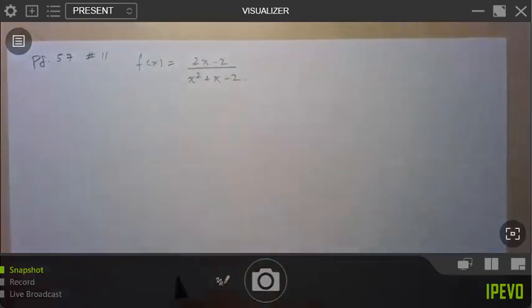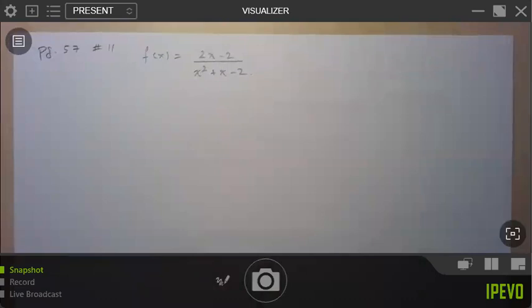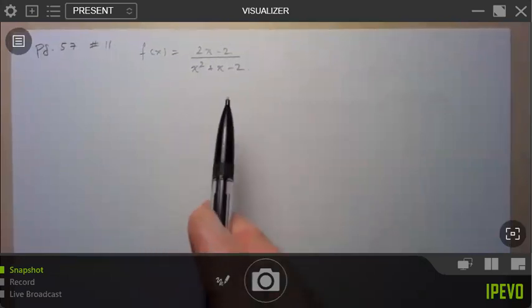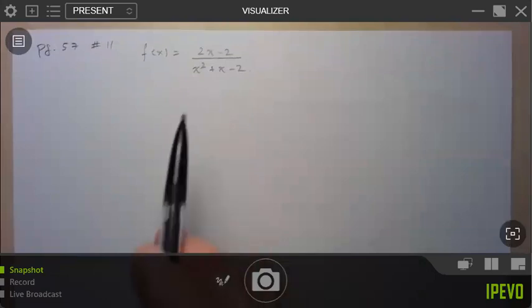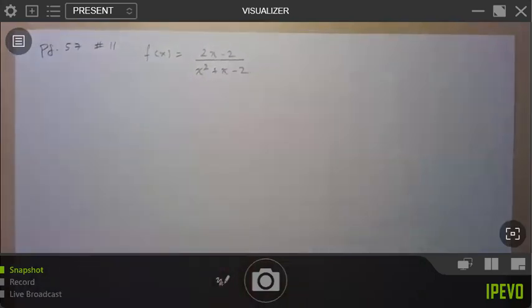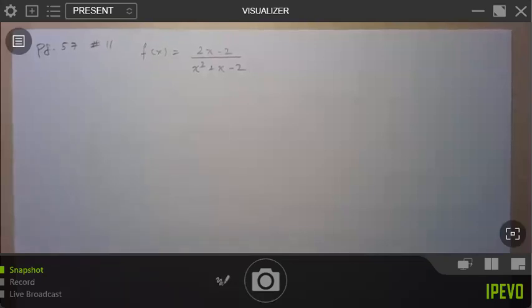Okay. And this is a rational function. Now, based on what we know of rational functions, and we think about our definition of continuity, a rational function is unlikely to have any jumps, but for sure, we know could have holes and it could have vertical asymptotes. So this is what I should be looking for if I'm looking for discontinuities.